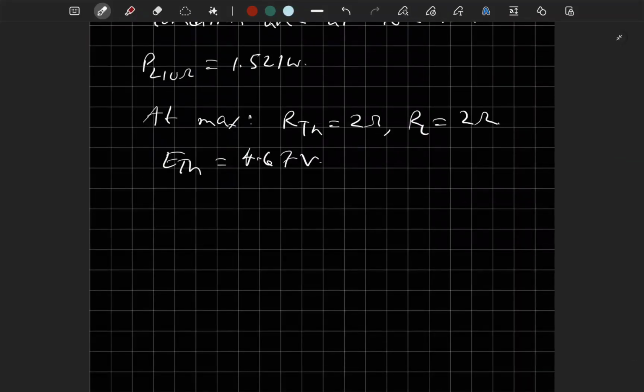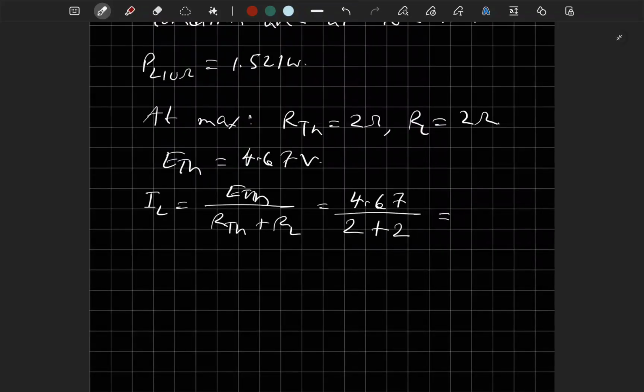So what will be IL here? IL equal to ETH over RTH plus RL. That's 4.67 volts over 2 plus 2, which is 1.17 ampere, okay?